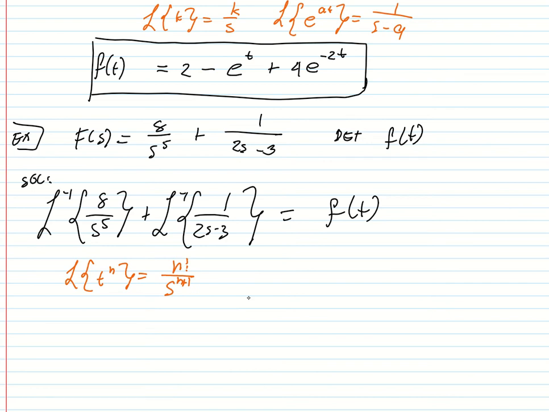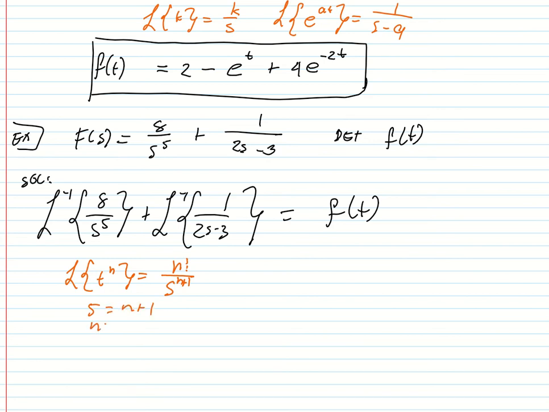This should be 8, and this is s raised to 5. So what will be our n here in the first term? Our n should be equal to 4, because the exponent of the denominator is 5, and 5 is equal to n plus 1.